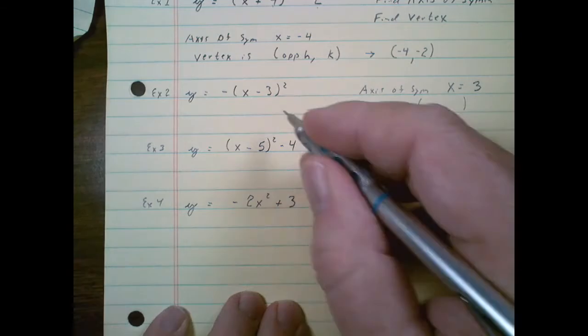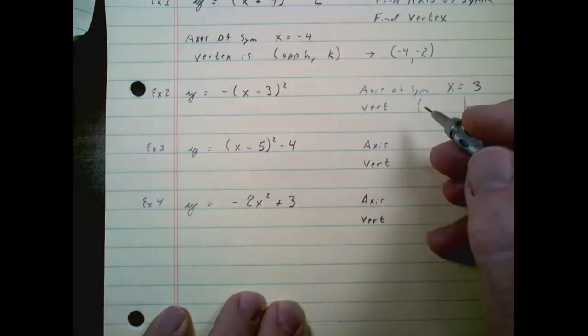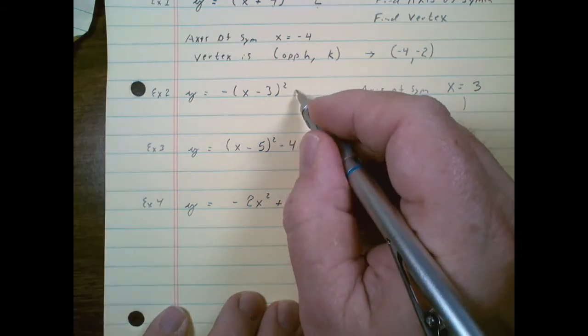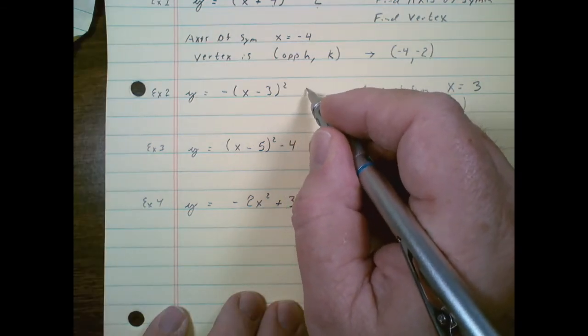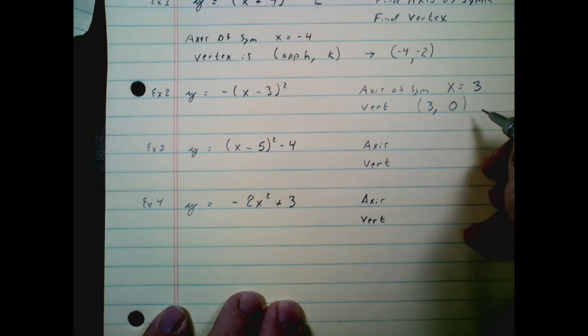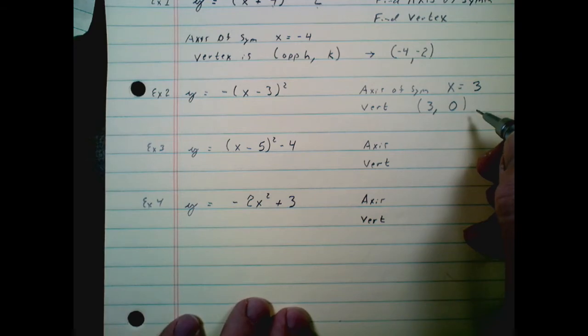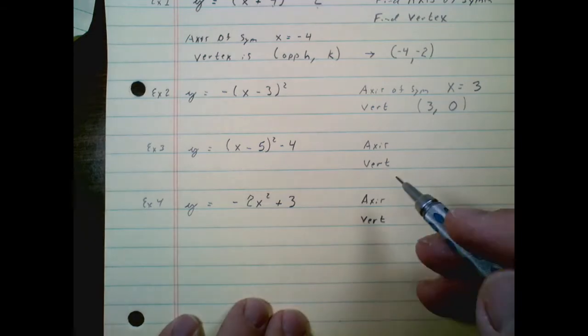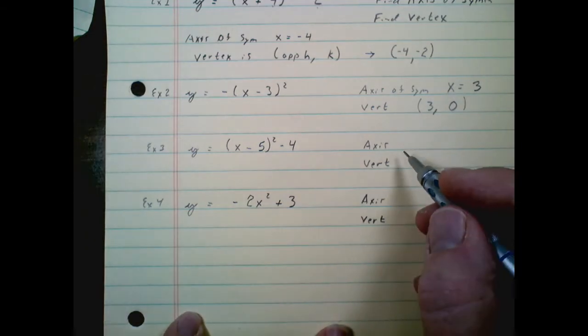And then what's my vertex? So remember, that's my x, and it's opposite, so it'd be 3, comma, I don't see anything there, so it's plus or minus 0, we could say. So my vertex is at 0. If you need to play that back, go ahead. Okay, let's take a look at example 3. All right, what is my axis of symmetry?